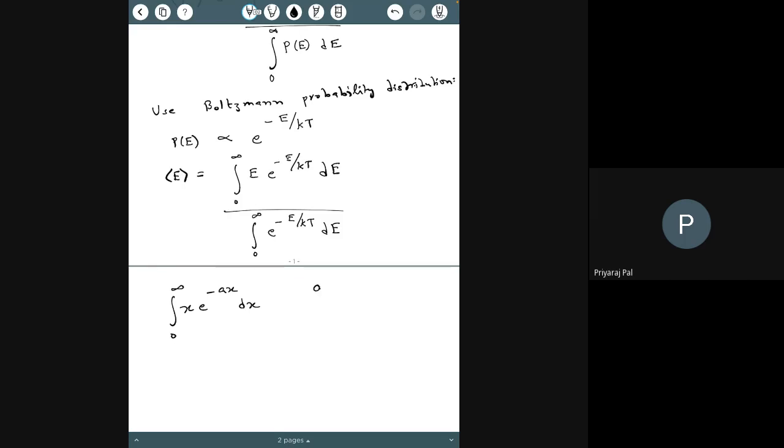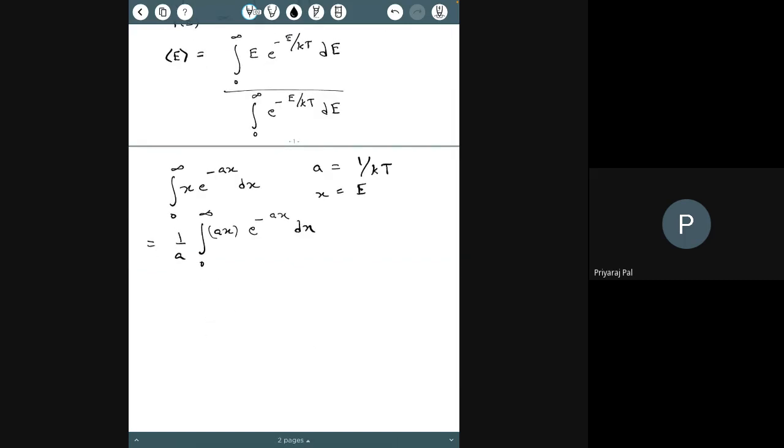That a is equal to 1 by kT and x is equal to E. Then how do you integrate this? We can rewrite this as 1 by a, integral 0 to infinity, ax e to the power minus ax dx.